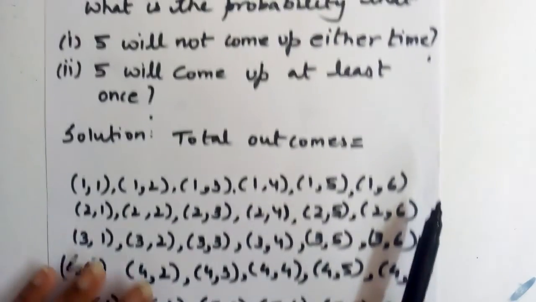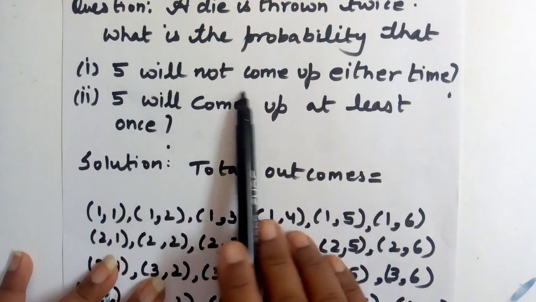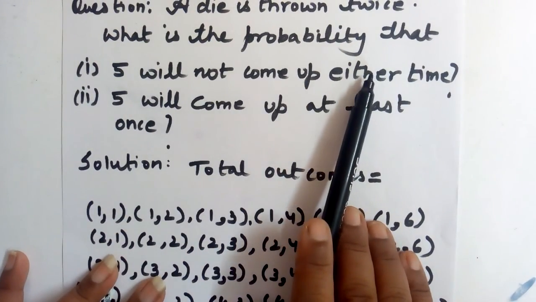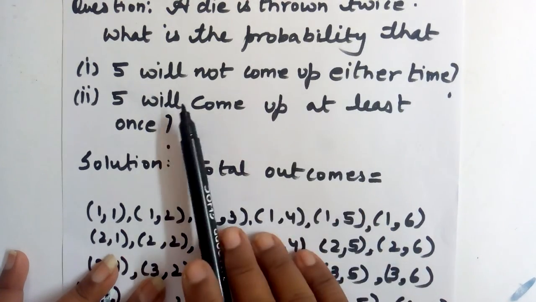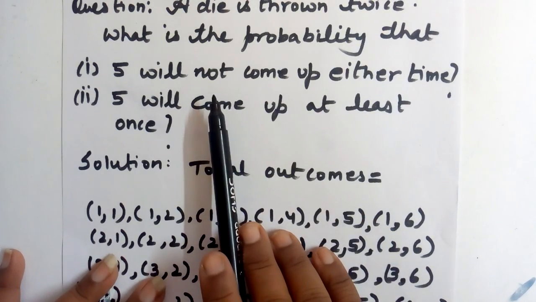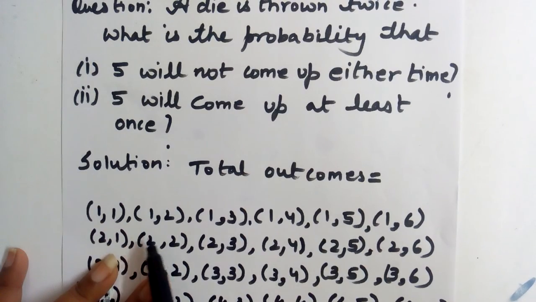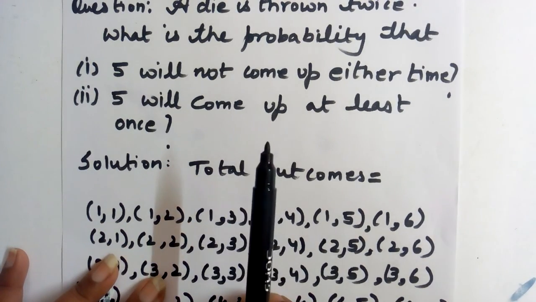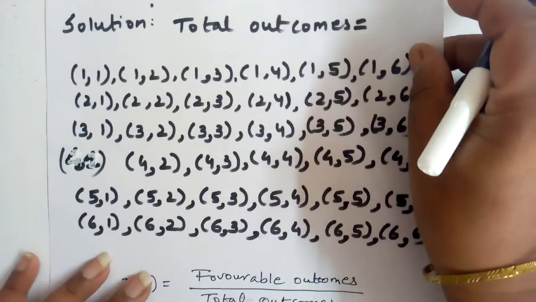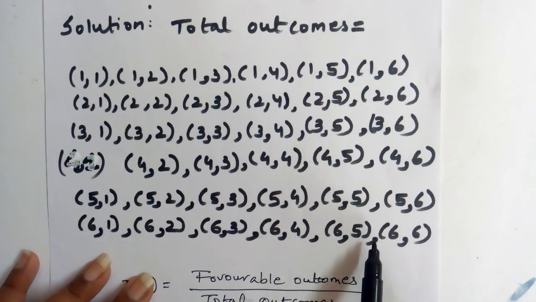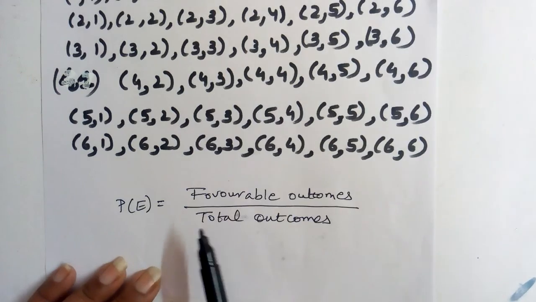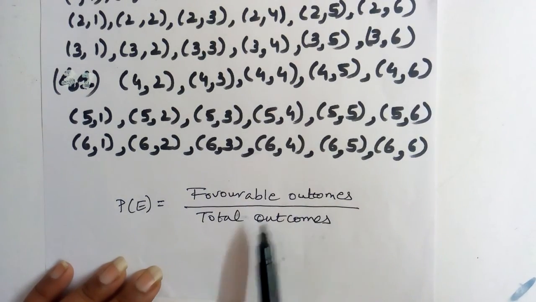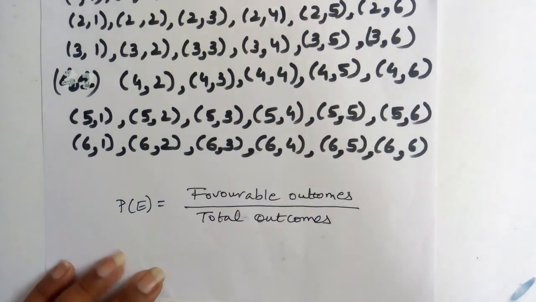Now we have to find out the probability that 5 will not come either time. First we write the pairs where 5 is coming, and subtract them from the total. The total we can see here is 36, and we know the probability formula: favorable outcomes upon total outcomes.